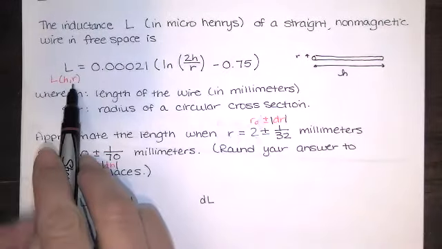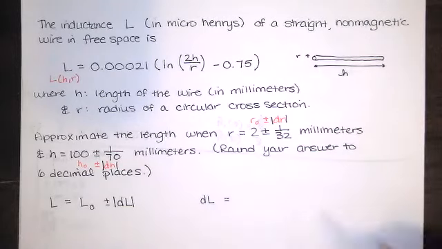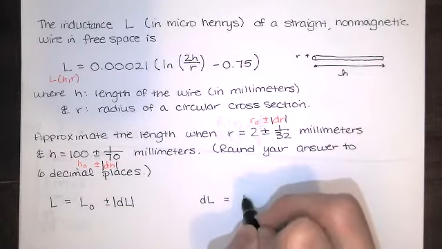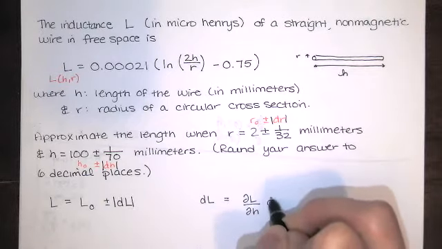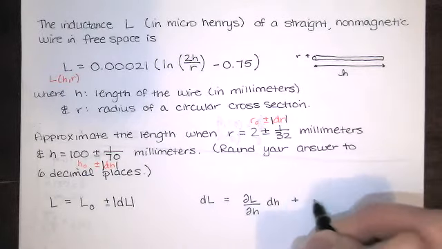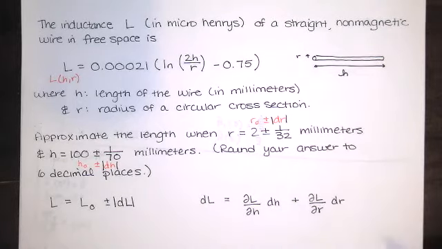So the differential is going to have 2 terms. Typically, if I was just doing the differential, I would have the partial of L with respect to h times dh plus the partial of L with respect to r times dr.